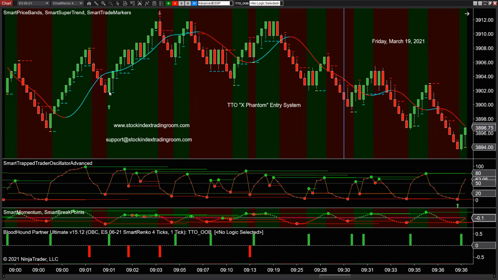So the trade is simple. We have an engulfing bar, a reversal bar that engulfs a prior SST print, has to be right beside it. And the reason is when the market's reversing here, this is already here and this bar is printing through it before it finishes. So we know sometimes well in advance that we're going to have a signal, which is a nice benefit when trying to make an entry.